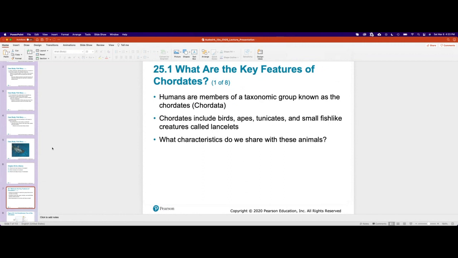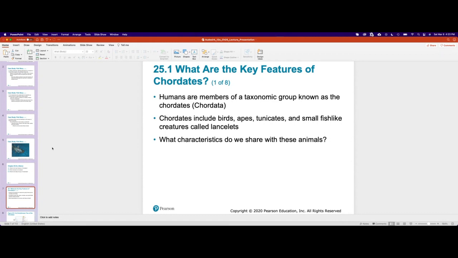So humans, that's us in case you're wondering, we are members of the taxonomic group known as chordates, or Chordata. This includes a lot of what you traditionally think of as animals, whereas the invertebrates included lots of things you typically didn't associate with animals, like sponges, and you probably didn't immediately jump to sea stars or starfishes or lobsters or crabs or earthworms or insects, but those are all animals.